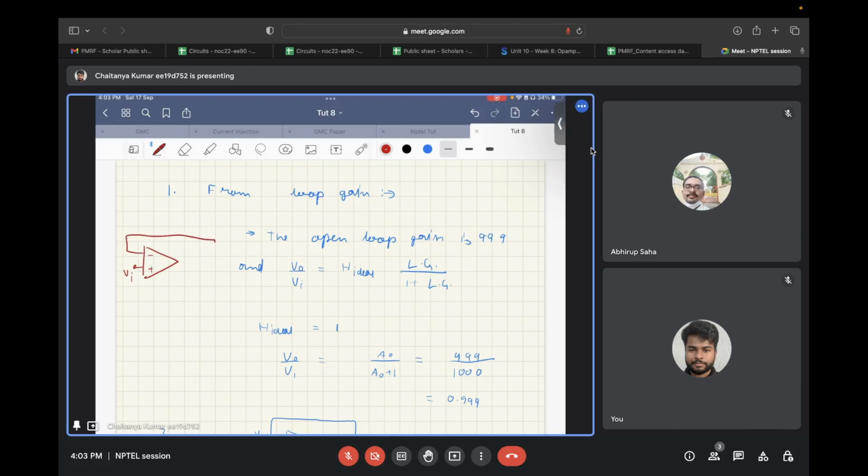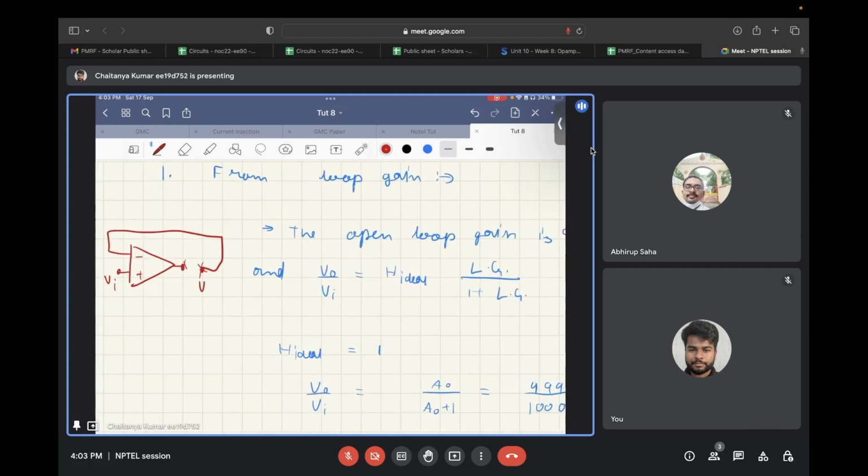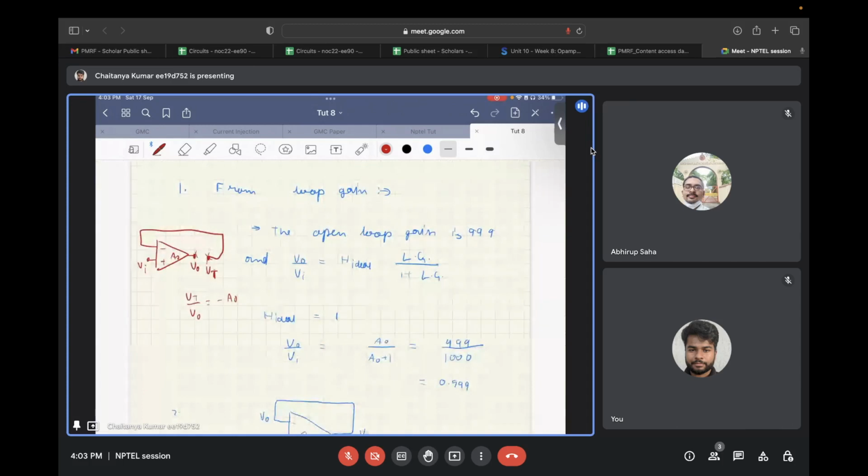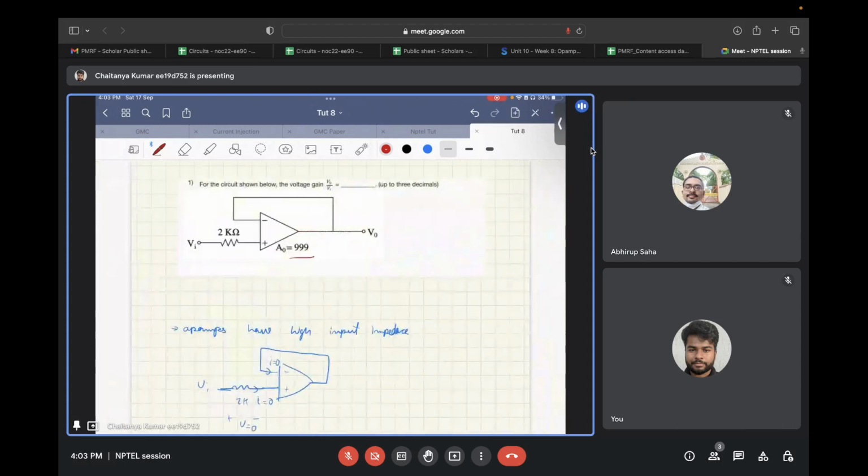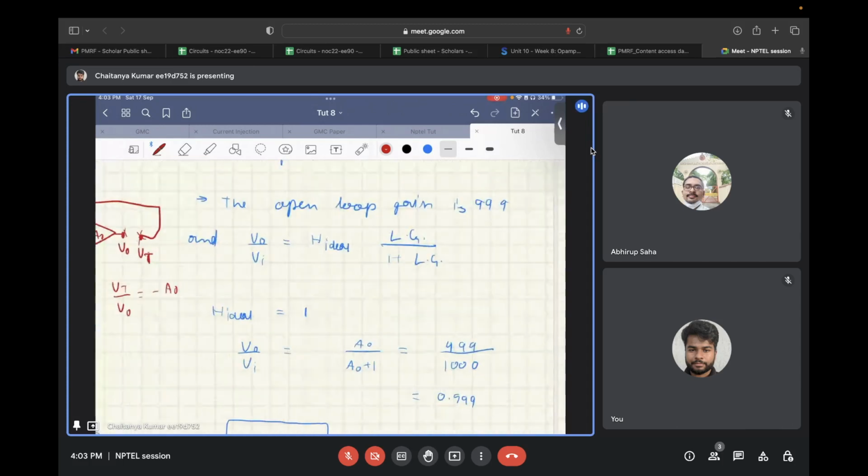To find the open loop gain, you cut the loop at the output. If you find the gain from VT to V out, this is the open loop gain, and it is minus A naught. In the question, A naught is given as 999.